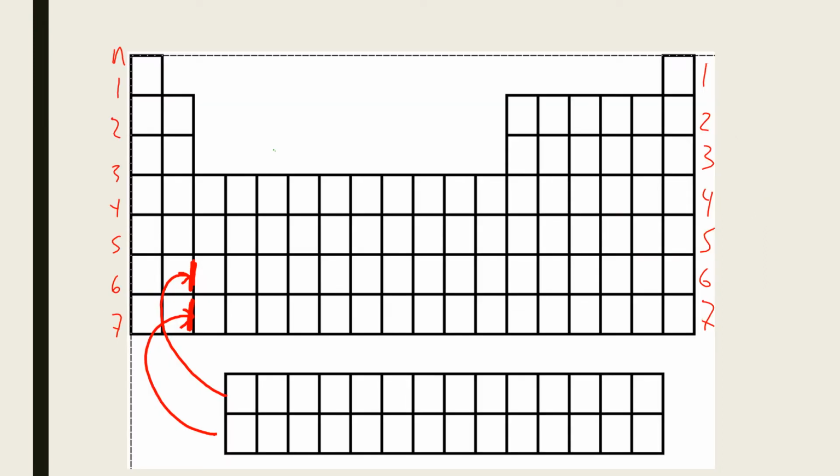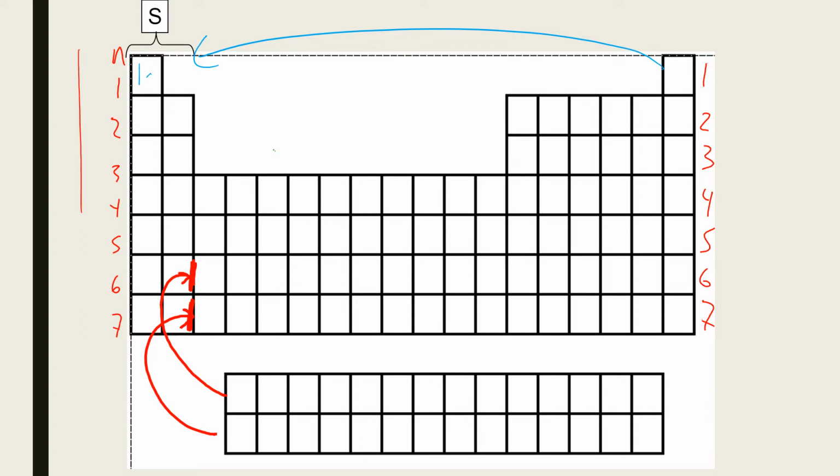So once again, we have this cool little thing. So here's N over here on the side, row 1, row 2, row 3, row 4. Okay, we're actually going to talk about the fact that the periodic table is organized in a really cool way. This first part up here, this is the S subshell. So everybody in here ends on S, and helium is technically part of this, just trust me on that.